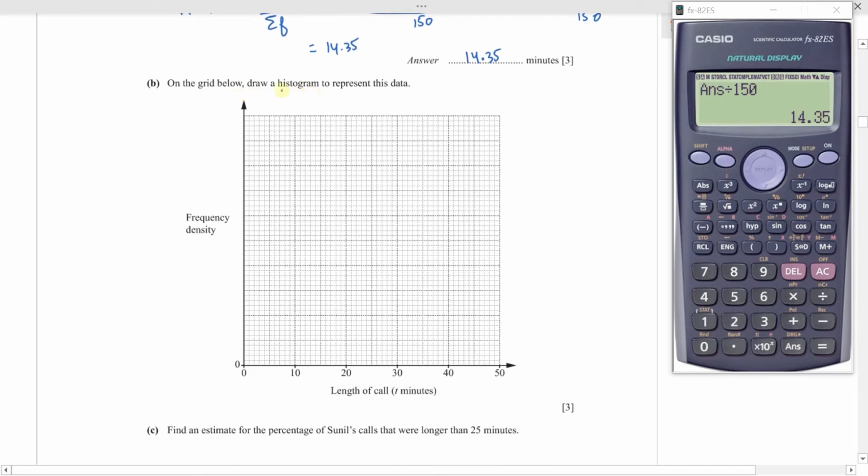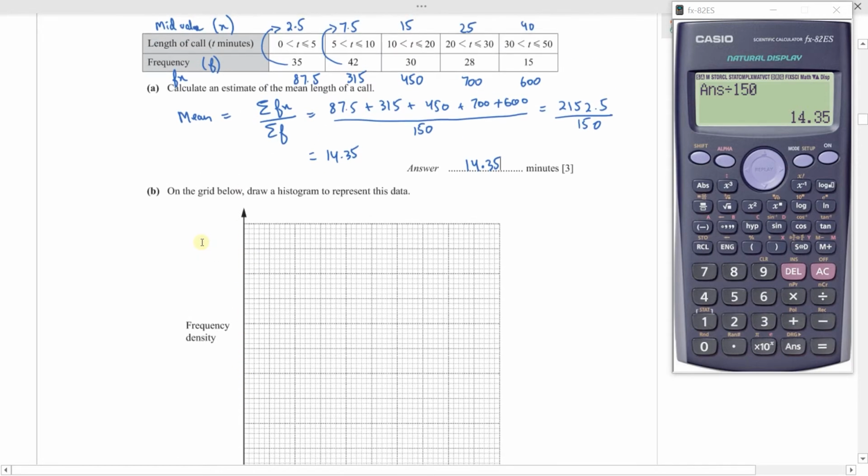Part B is on the grid below, draw a histogram to represent this data. On the y-axis, you have frequency density.